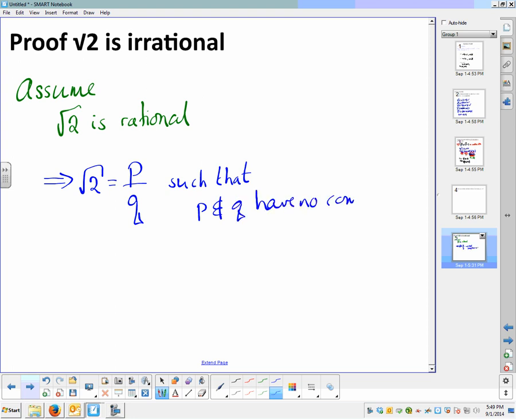Or we could say that the GCD of p and q is 1. So the greatest common divisor, the highest common factor of p and q is 1, because they don't share any common factors.